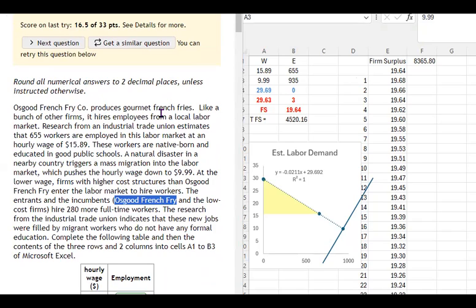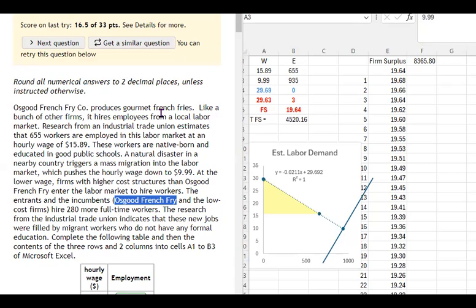But when that labor migration lowers the hourly wage rate in this labor market, it draws in firms that now hire from this labor market, because now at $9.99 they're going to have sufficient margins to operate with labor hired from this labor market.